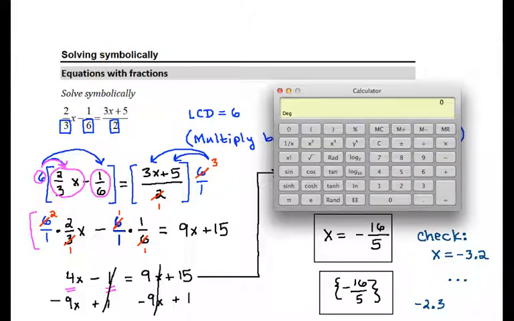Let's go ahead and do the other side. 3 times 3.2, which I'll make negative. Then I add 5. And then I divide the whole thing by 2, and I can see that I get exactly negative 2.3 this time.